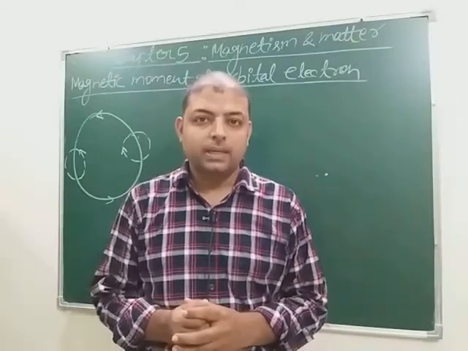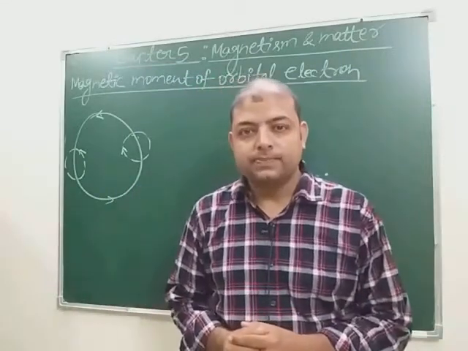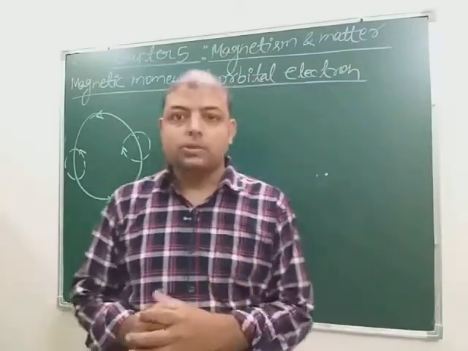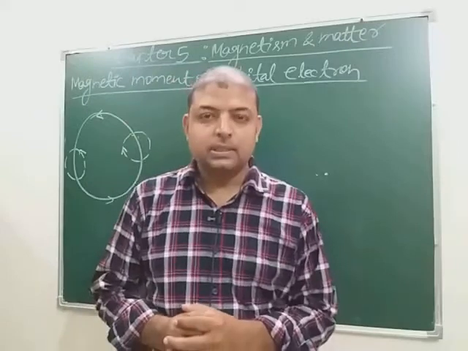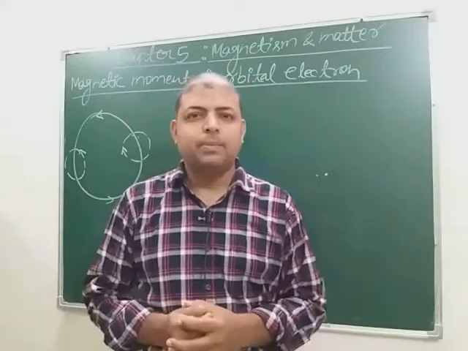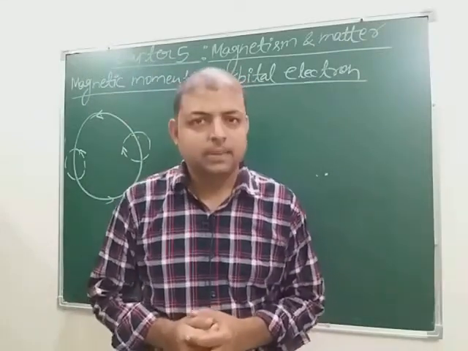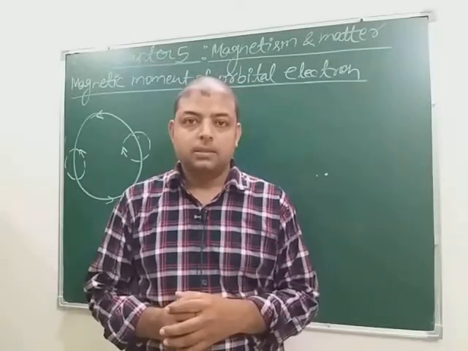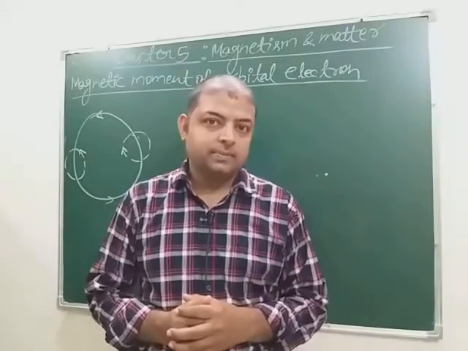Electron is revolving in outer orbits, and due to this orbital motion there is a little bit of magnetization in a substance, but one motion is left.